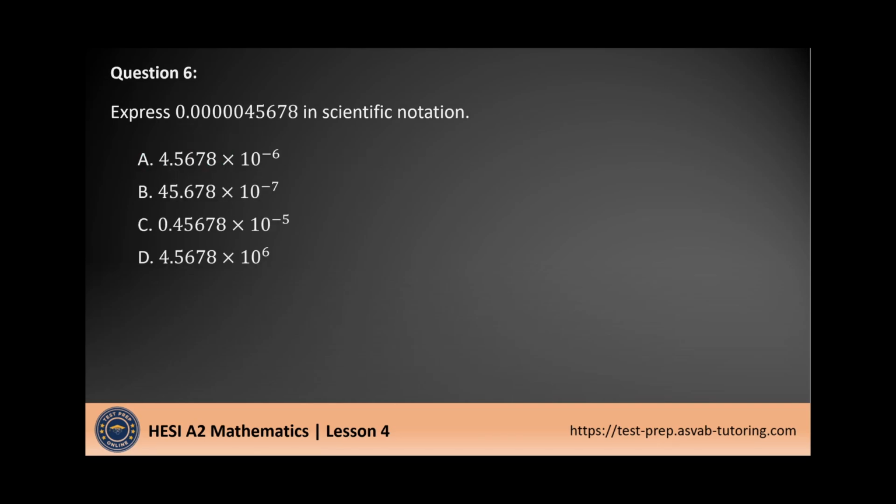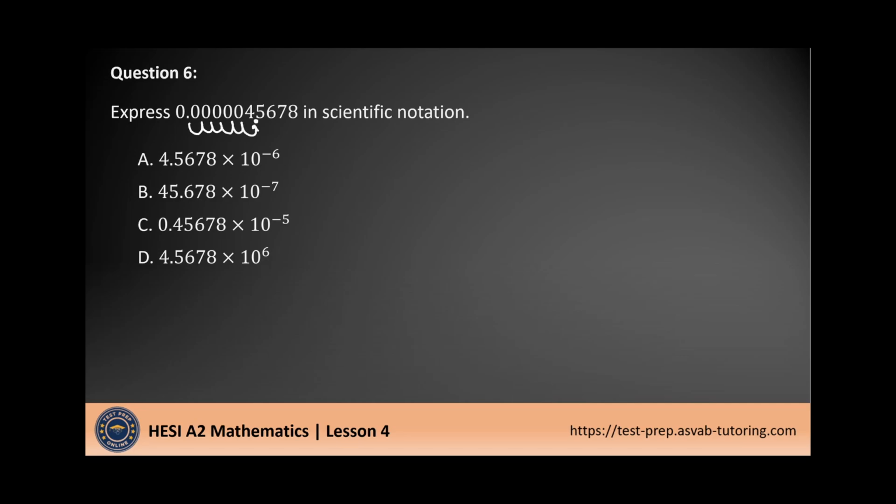All right, here's a case where we have a very small number that we want to represent using scientific notation. We'll do that by moving our decimal right here between the 4 and the 5, so we only have one number to the left of our decimal, which is the 4. How many times do we need to move the decimal to get there? 1, 2, 3, 4, 5, 6.